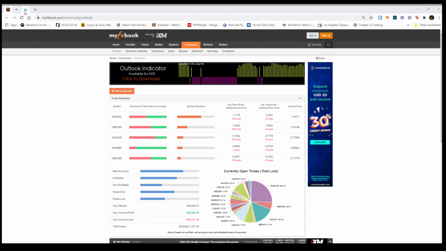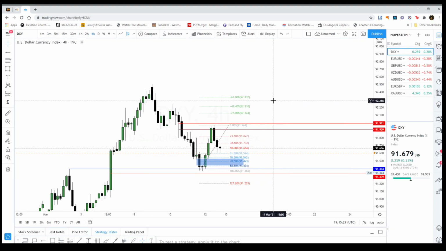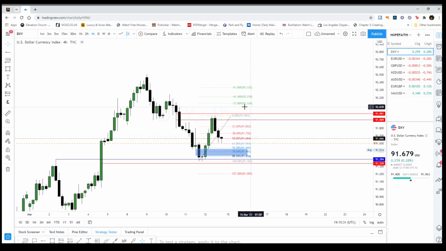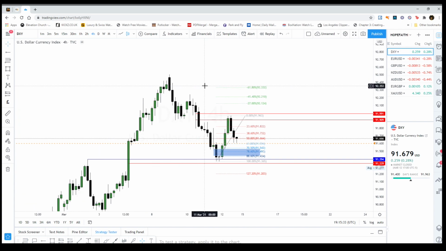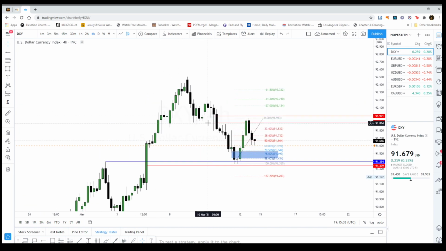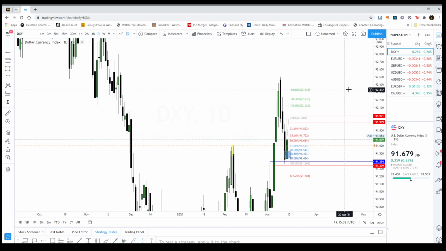And last week we predicted that DXY will probably have a retracement at a level from the daily.